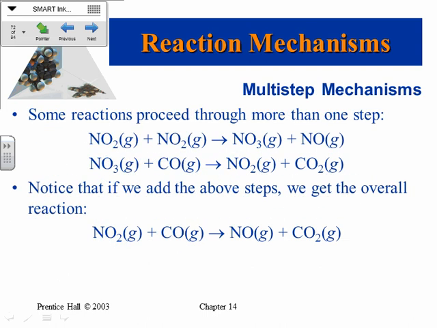Okay, so here's an example of a reaction that proceeds through more than one step. Now, I guess you do have a little bit to write on some of these. But here's an example. You've got NO2 combining with NO2.